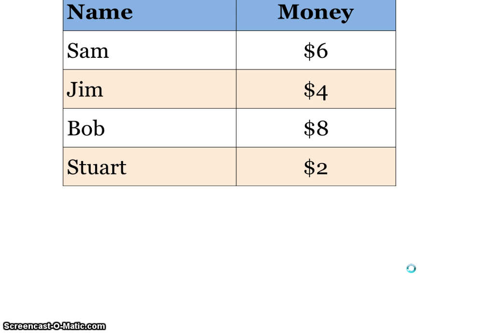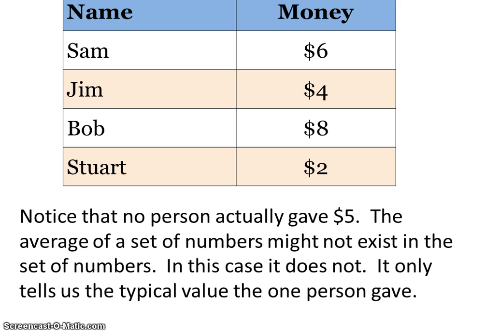Now notice something about this measure of $5. No one friend in the group actually gave $5. Now, that's not a problem. We expect that to happen with average. Average isn't meant to represent an actual observation, or in our case, an actual person in the group. Average just tells us what is typical in a set of numbers.